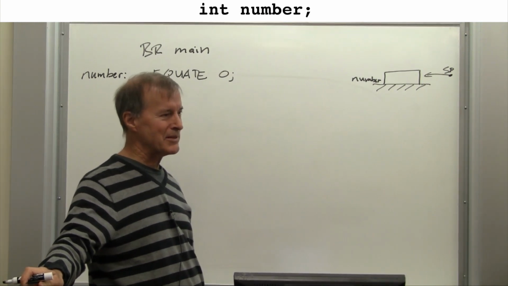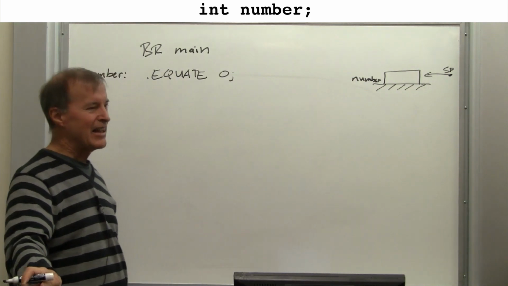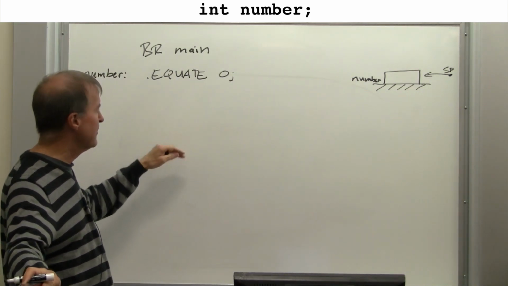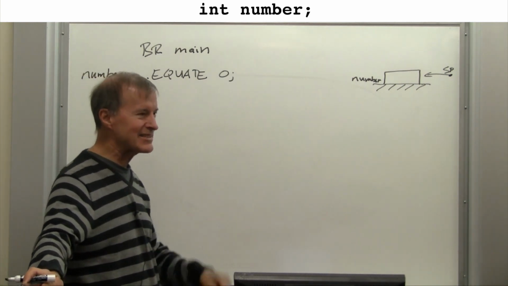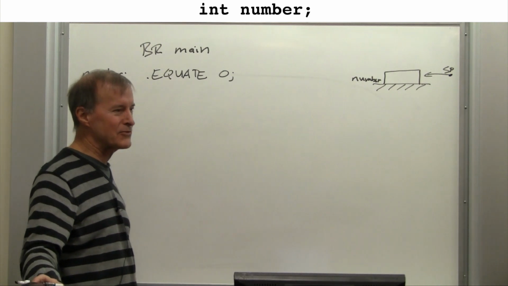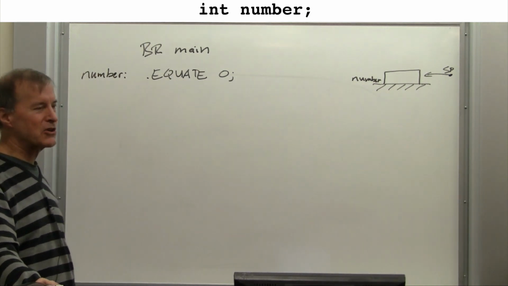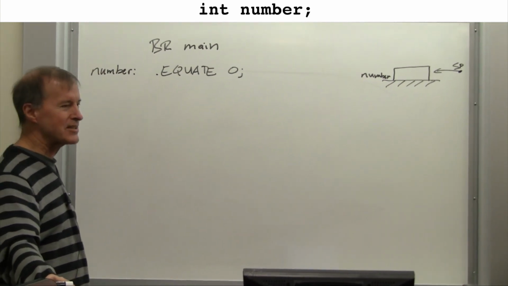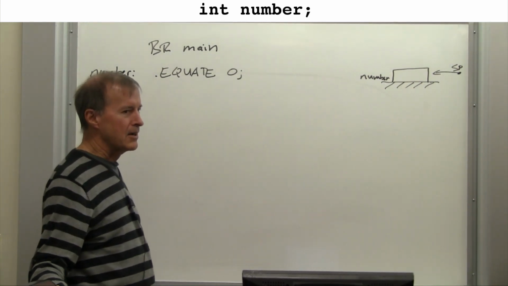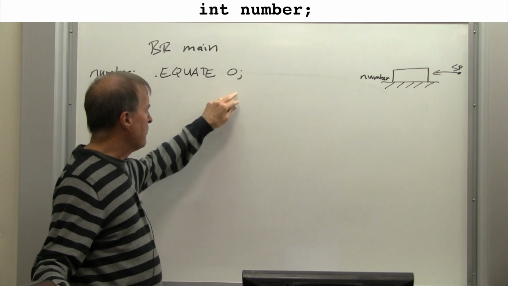Yeah, we would have to have a way to do it. There are going to be lots of features that we just don't have time for. It's beyond the scope of the course. That's the kind of thing you would learn in a compiler construction class.